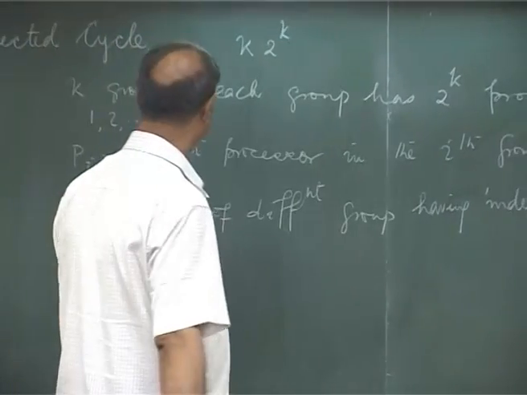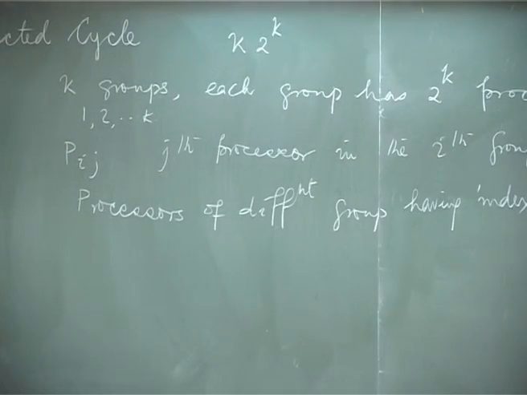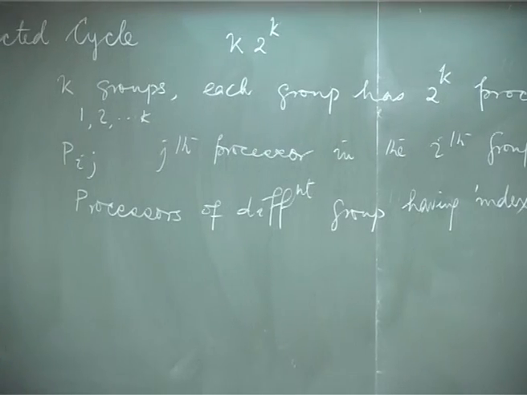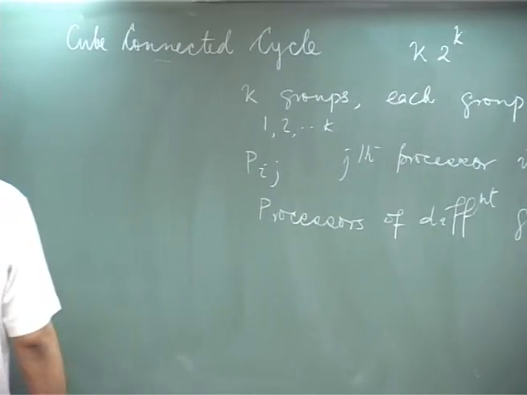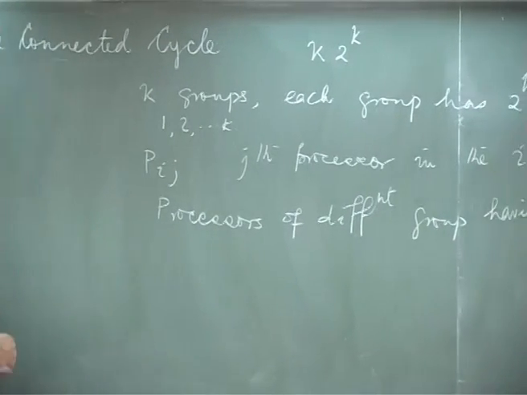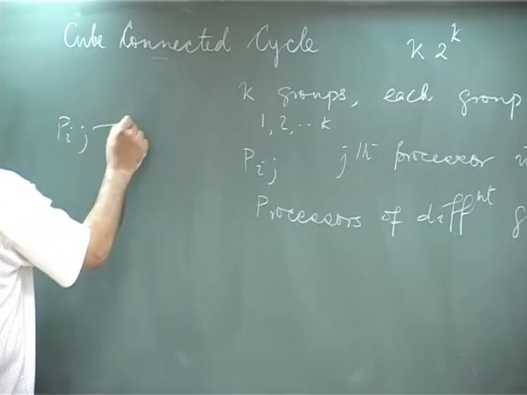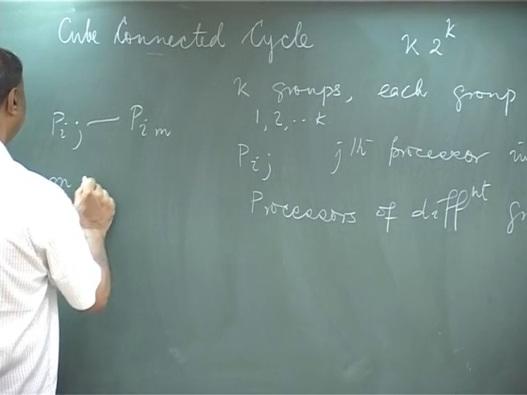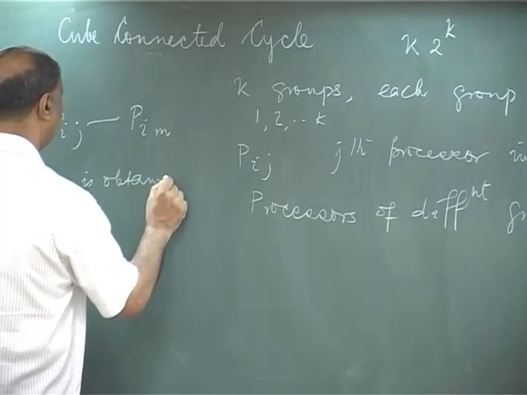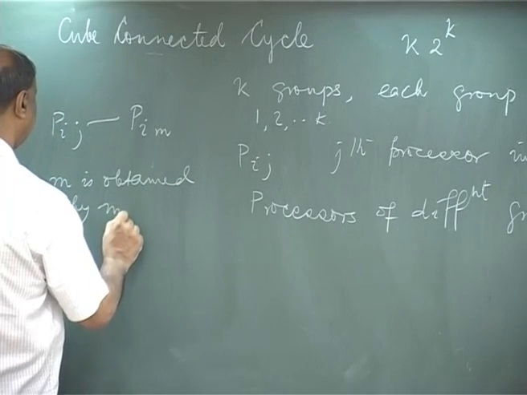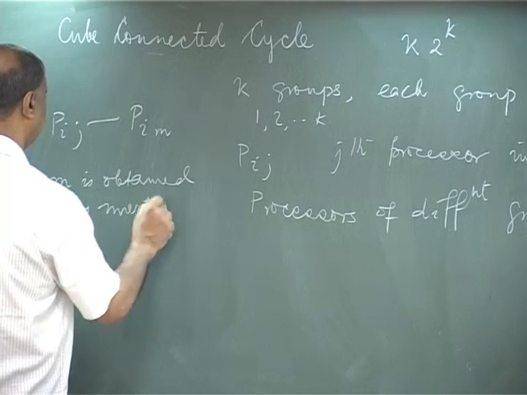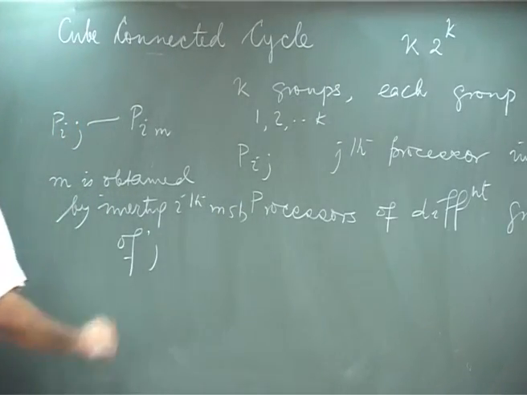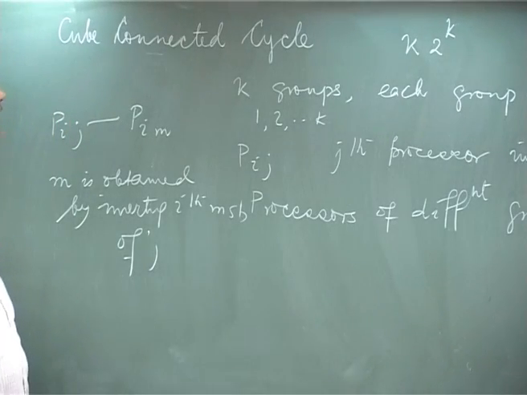So this forms a cycle, and besides these cycles, Pij is connected with Pim, where m is obtained by inverting the ith MSB of j.